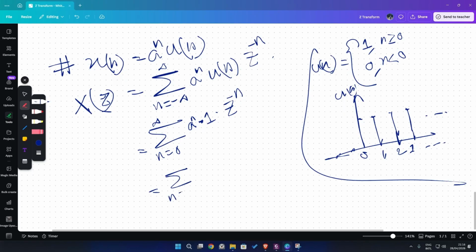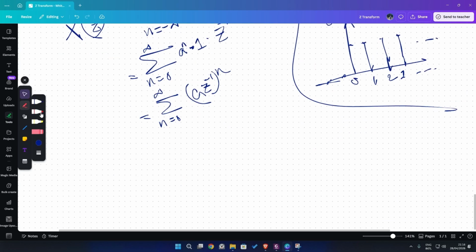Then we can write this as (a z^-1)^n. Two of these are the same: 1 plus a z^-1 plus (a z^-1)^2 plus so on. So what is the formula?